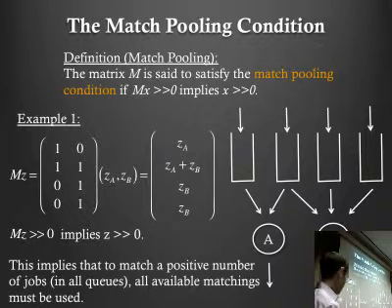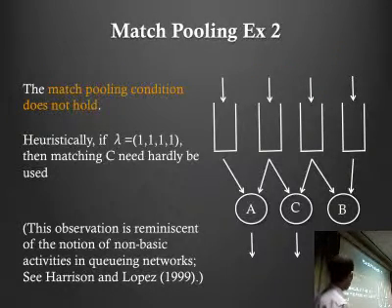I'll show you an example with redundancy. Look here. If the arrival rates are 1, 1, 1, 1, everything is balanced. At least in a deterministic way of thinking, I should be able to use matching A to match these two, because the arrival rates here and here are equal, and use matching B to match these two, because the arrival rates are equal.